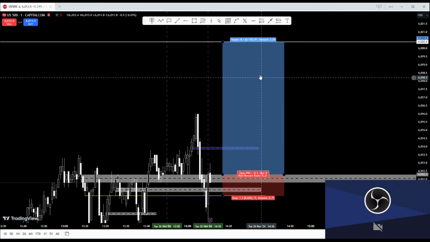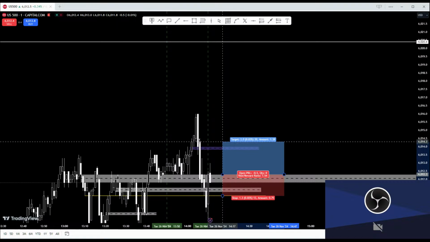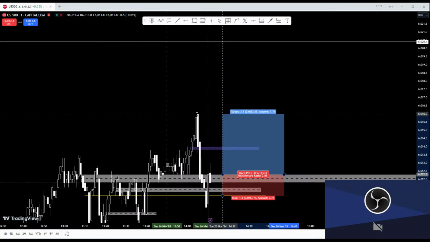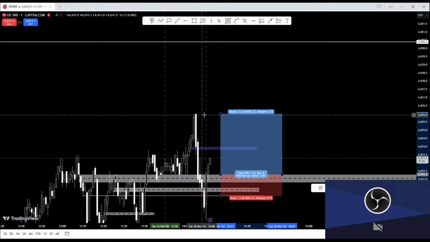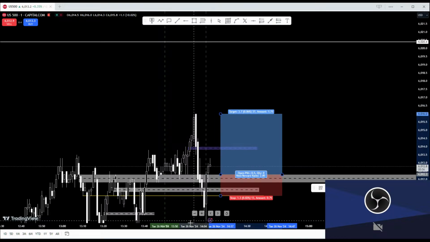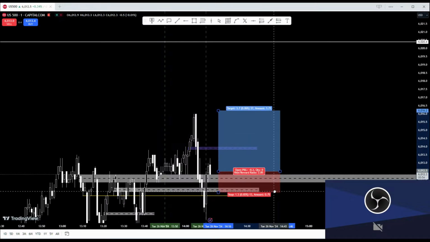Obviously this is what you want ideally, but this stuff can very easily just be like 2.85 R. Once you get a mitigation of block above there, you'd probably roll the stop a bit for sure.